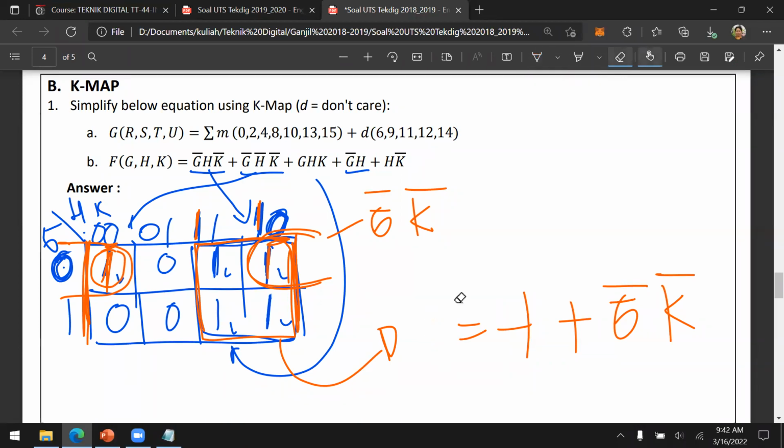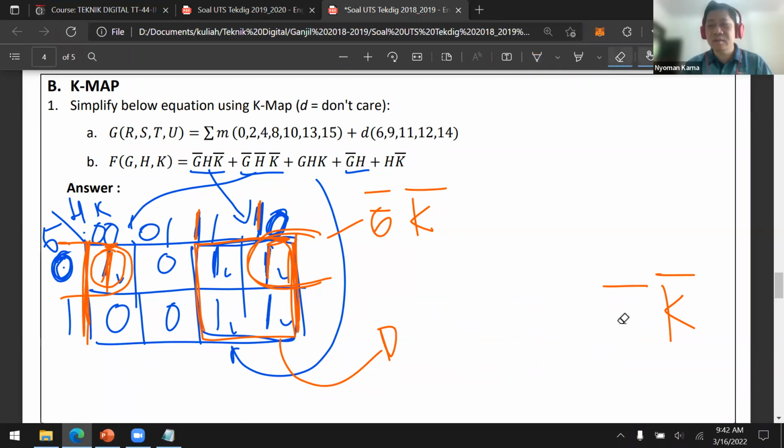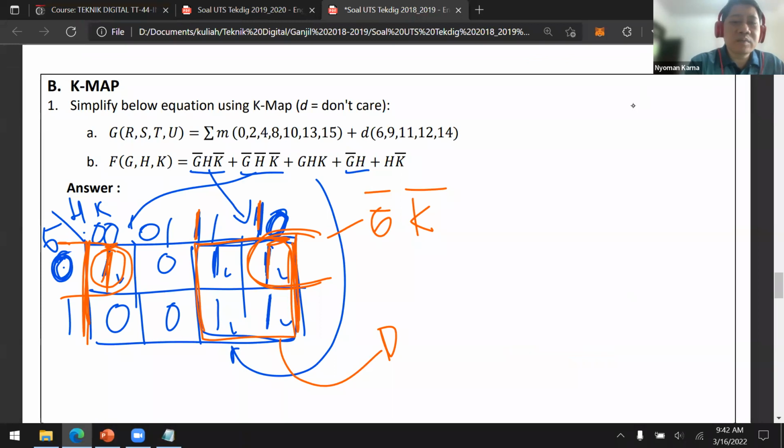Okay, so step back from here. This group with the 4 cells can be identified as H, right? And then this group with 2 cells can be identified when G is 0, so G naught, and also K is not, so K naught.